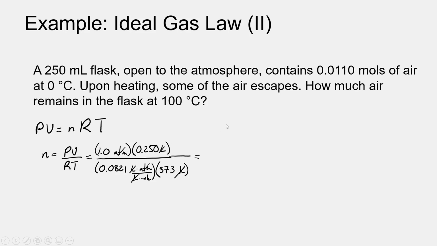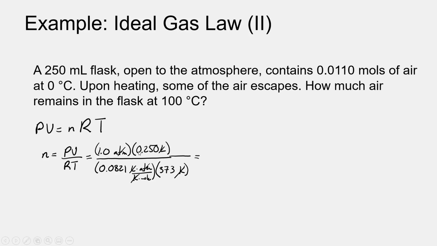Before we get into the calculations, we need to make sure that all our measurements are in the right units as usual and make sure we have the correct value for the gas constant. The gas constant R is 0.0821 liter atmospheres per Kelvin mole. The pressure is still 1 atmosphere because the flask is open to the atmosphere.